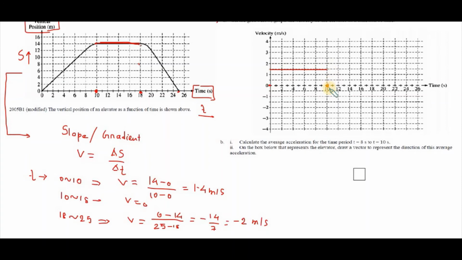And between 10 to 18 seconds, that would be 0. And between 18 to 25 seconds, it will be negative 2. The graph is slightly curved at this section, so that's why we are also making a curve at this point.